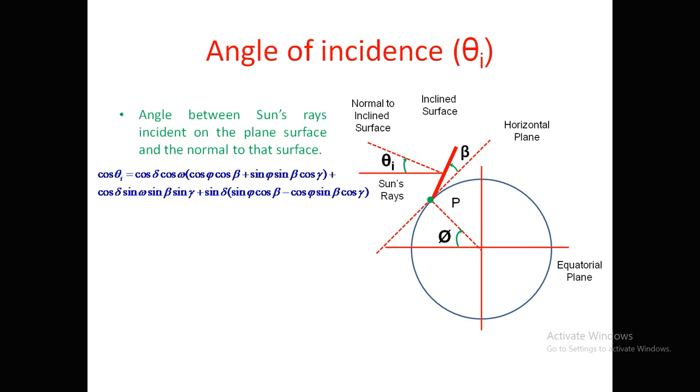Cos beta, that is the tilt angle, plus sin phi, sin beta, cos gamma. What is gamma? Surface azimuth angle. Plus cos delta, sin omega, sin beta, sin gamma, plus sin delta, sin phi, cos beta minus cos phi, sin beta, cos gamma.